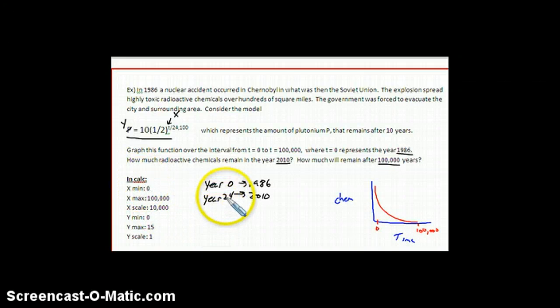What I really want to know is how much of the chemical is left over 24 years after the explosion occurred. So there's two ways I can do this. In my calculator I can hit calculate and then it'll come up as value. And then when I type in x equals 24, my calculator would give me the number of the y value is equal to 9.99.